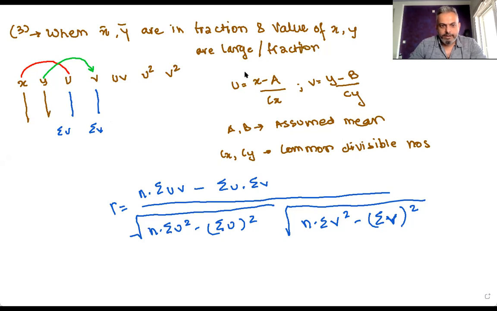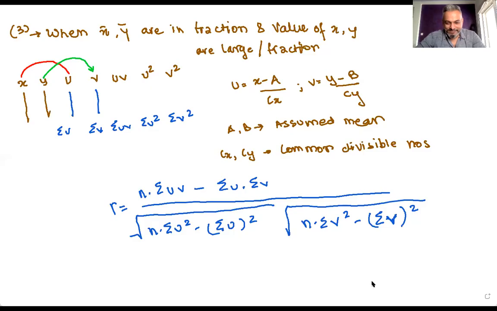So what you get is sigma uv, sigma u square and sigma v square. So this is how you have to solve the sums where numbers are large, mean is in fraction, or it may happen that values of x and y are also in fraction. Understood this? So please write this formula.